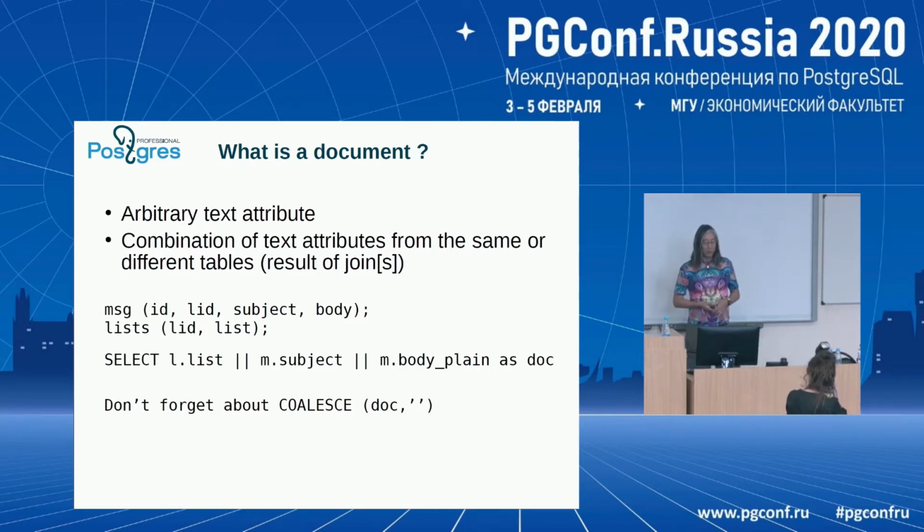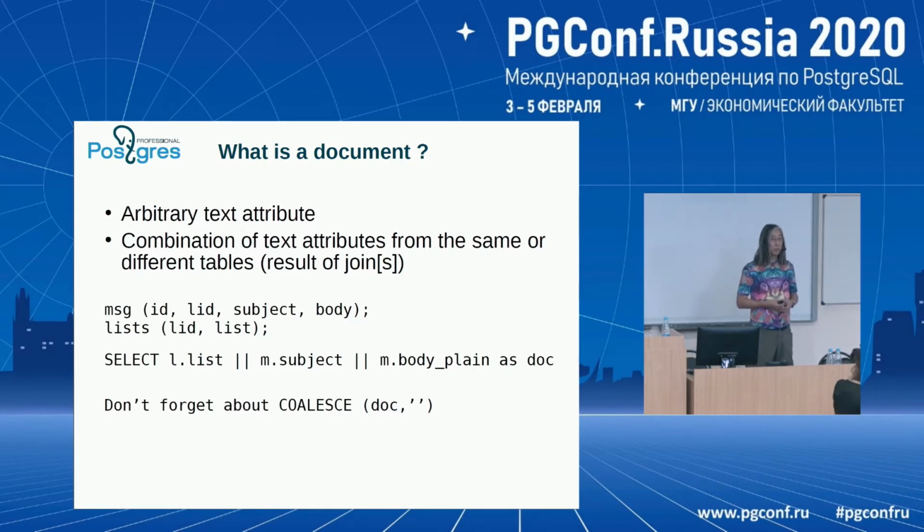For example, we have a messages table, we have a lists table, and a document is just the result of a simple join operation. Also, don't forget about the coalesce function.